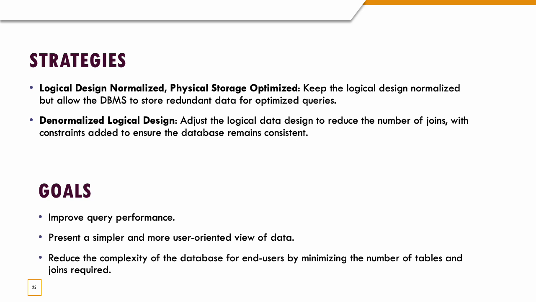By implementing these strategies, databases can balance the benefits of the normalized design with the performance gains of a denormalized structure tailored to the needs of the users and the application's requirements.